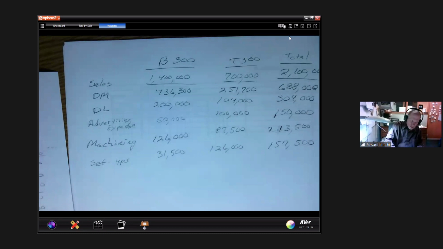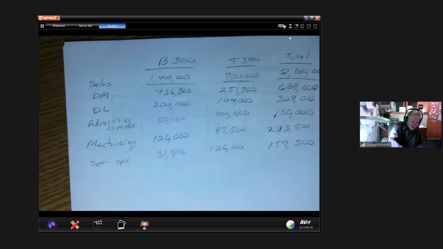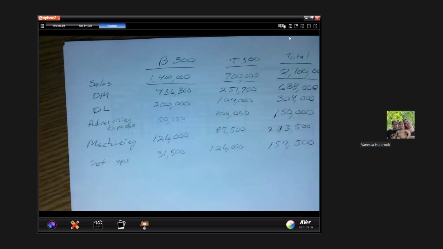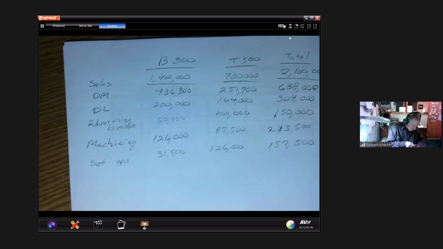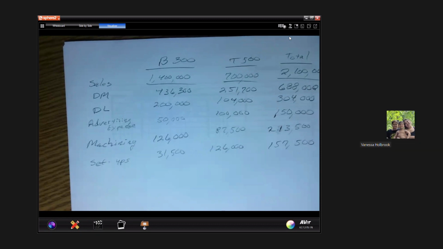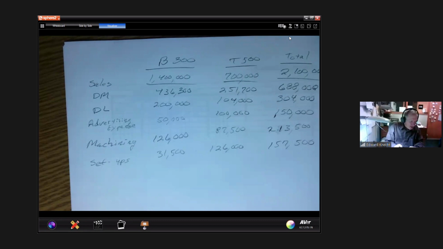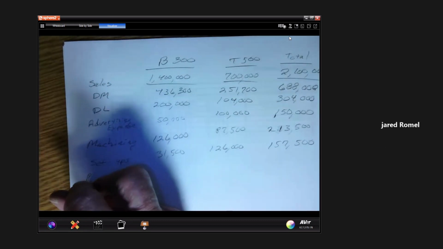Good. More people are grasping it because I'm going slow, and I'll even go slower if you want. Let's see. Did we go overboard on our time again? We're almost done. So what else do we have besides setups? Product sustaining. Okay.